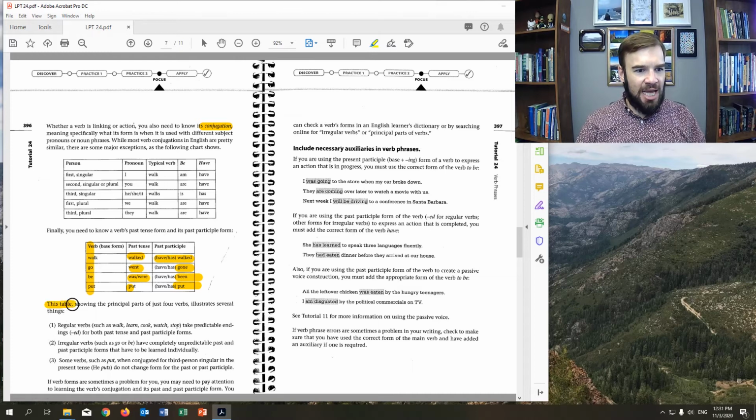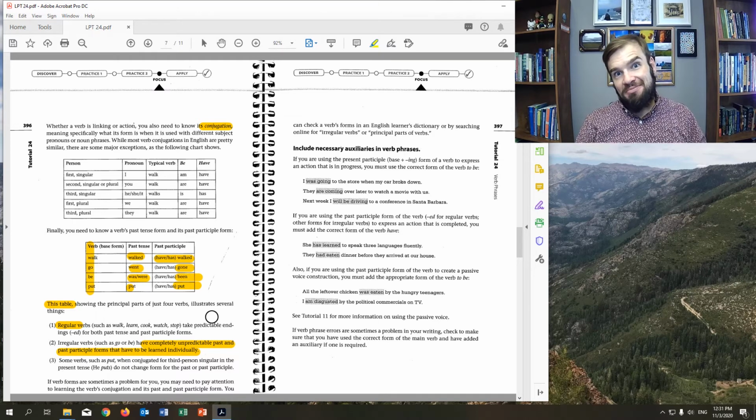So this table showing the principal parts of just 4 verbs illustrates several things, some basic rules about the verbs. First, regular verbs take predictable endings, ed, for both the past tense and the past participle forms. Two, irregular verbs, such as go or be, have completely unpredictable past and past participle forms that have to be learned and memorized individually.